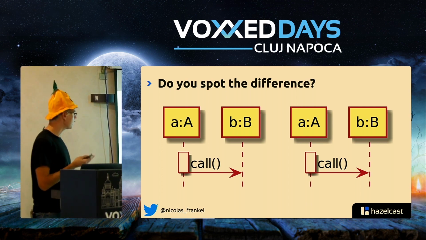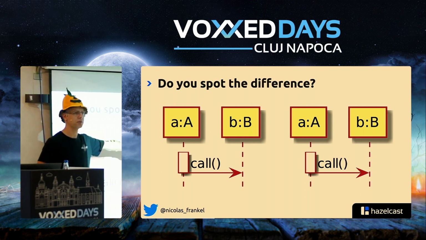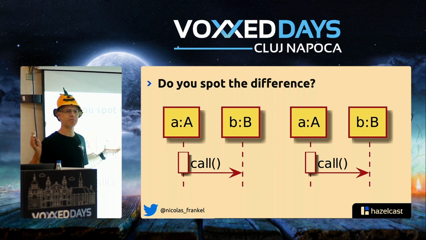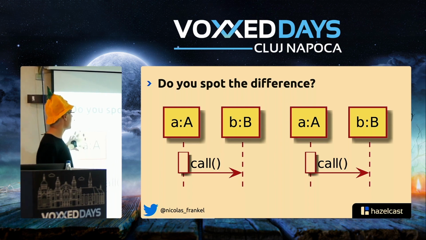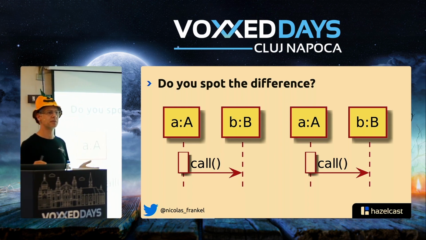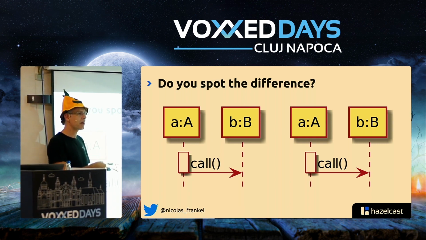I've been an architect, and let me tell you, this is an API call, and this is a microservice call. To architects, this is the same. It's just a UML diagram where component A calls component B. And it's up to the developers, you, to implement it in the correct way.